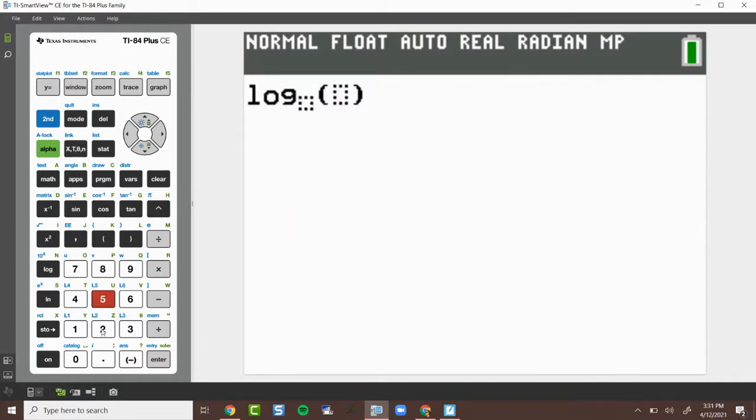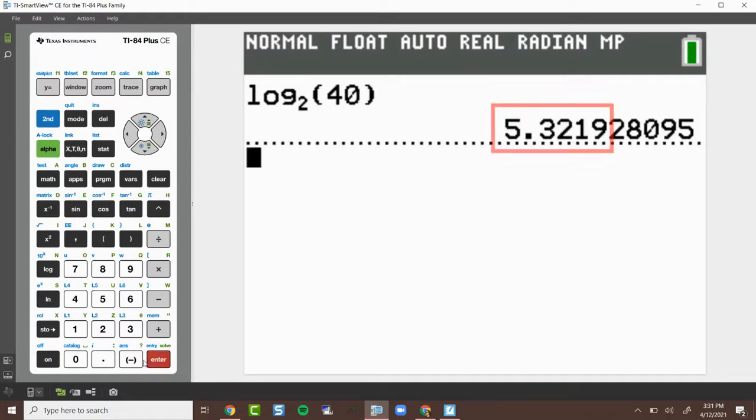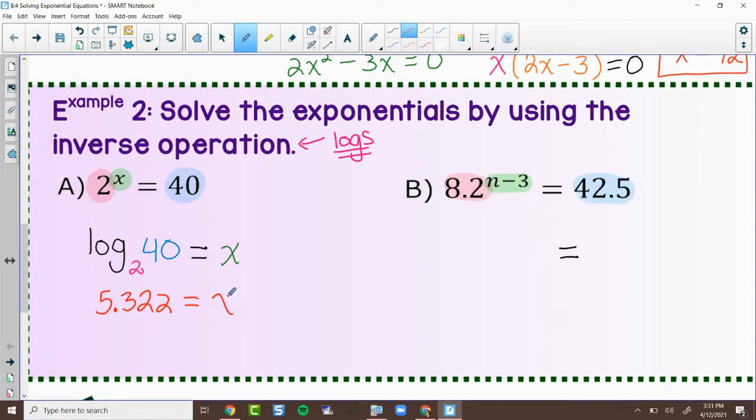So now I can say log base 2 of 40, and I can actually get an answer. 5.322. And that's how we can actually solve for x, which hopefully makes sense because 2 to the 5th gets me 32, and 40 is a bit higher. So that's why this answer is just slightly above 5.